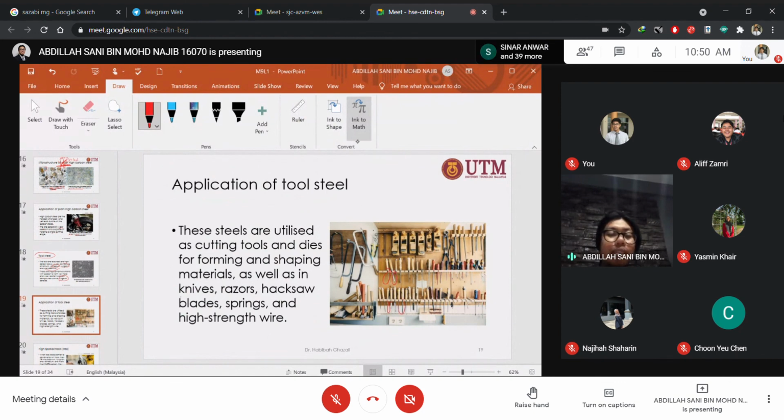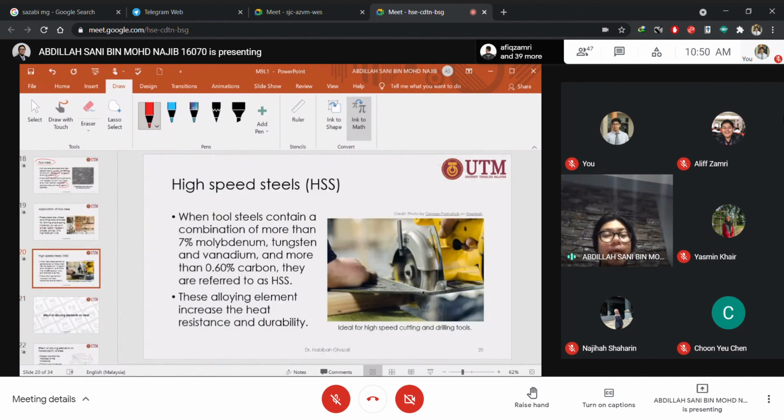For example knife, razor, hacksaw, they need to be highly wear resistant. Otherwise, you use the hacksaw and suddenly all the steel is gone, so you cannot use it. So it needs to be wear resistant to maintain the sharpness and so on.